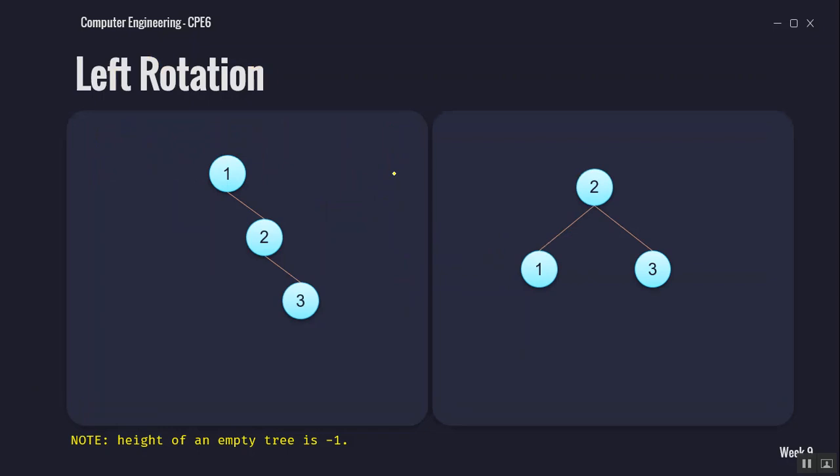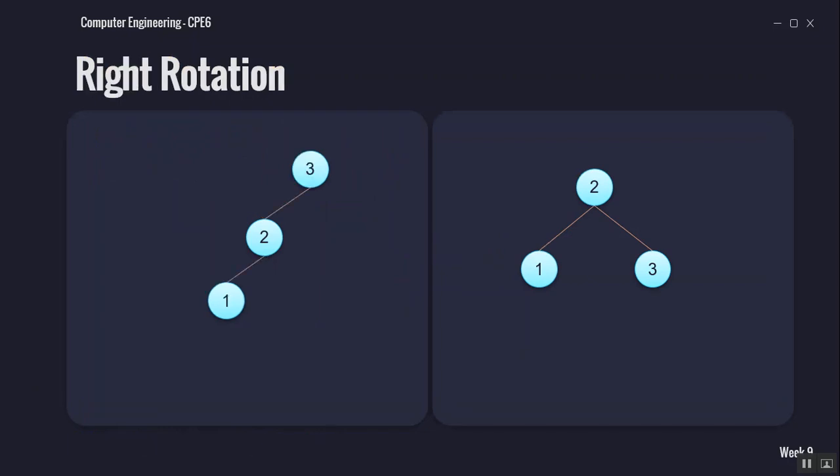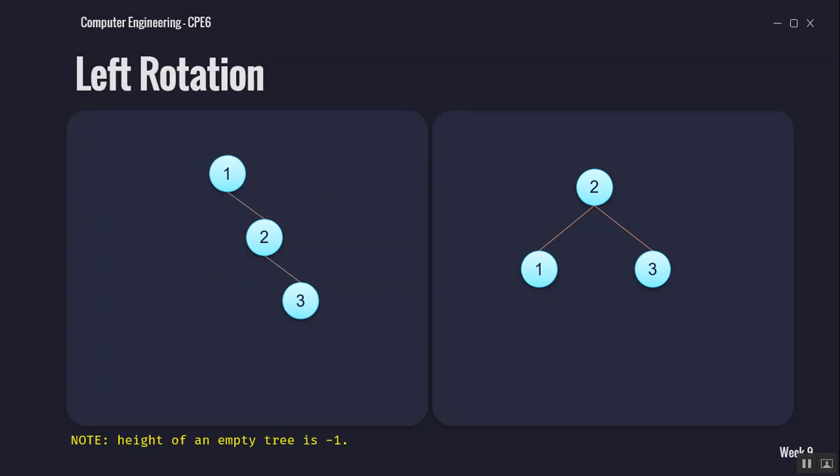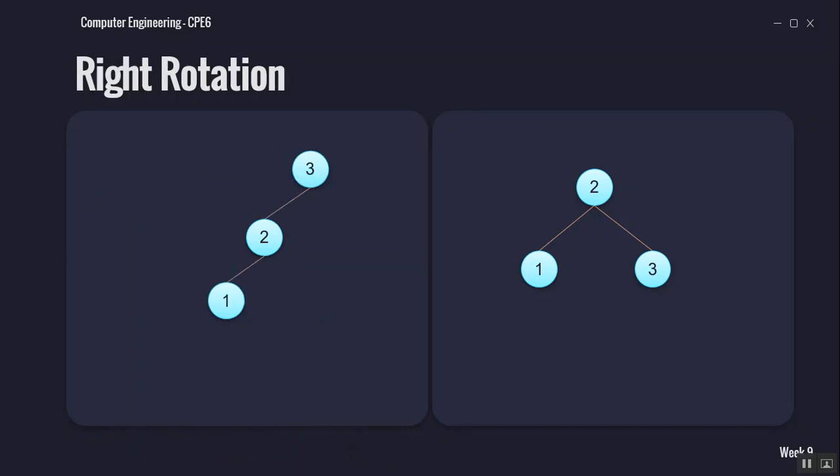Okay, so this is the left rotation, the right rotation. As you can see here, we have as the root node the 1, going to the right 2, going to the right again 3. Then we pull the string from 2 to make it the root node. Now the root node is 3.